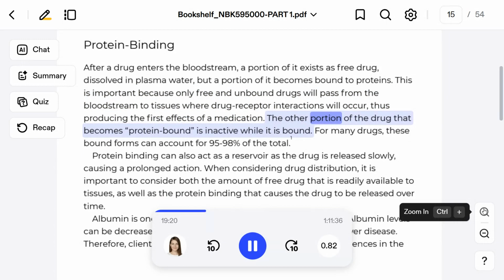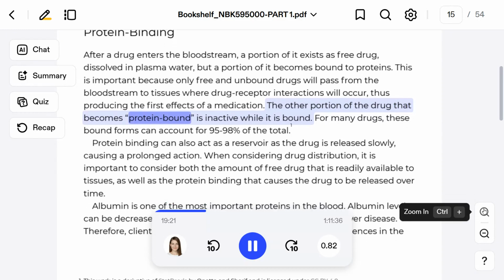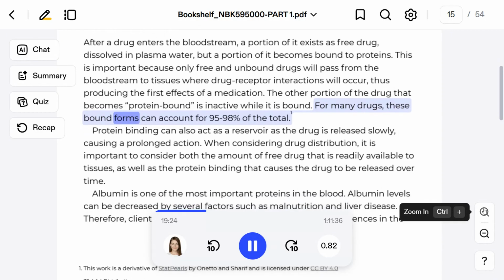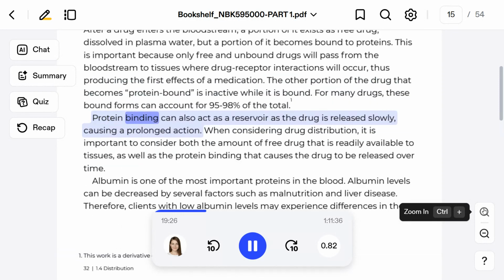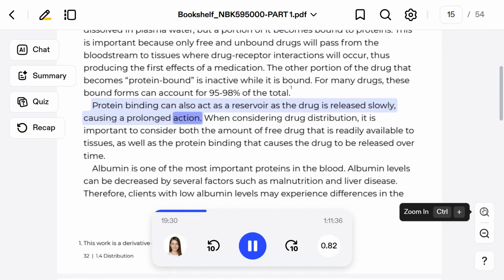The other portion of the drug that becomes protein-bound is inactive while it is bound. For many drugs, these bound forms can account for 95 to 98% of the total. Protein binding can also act as a reservoir as the drug is released slowly, causing a prolonged action.